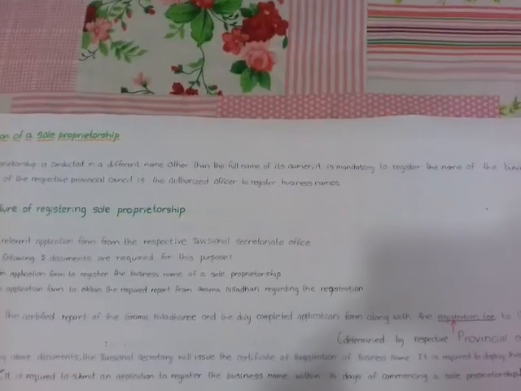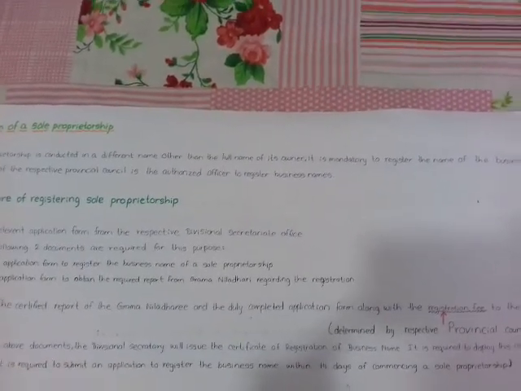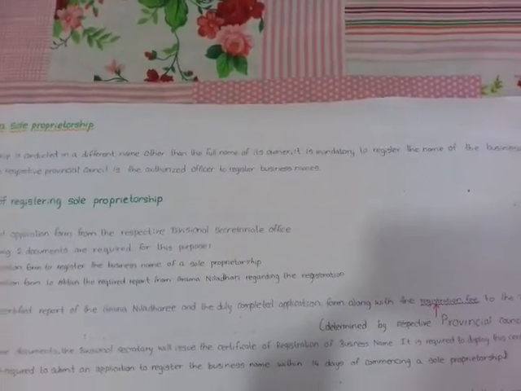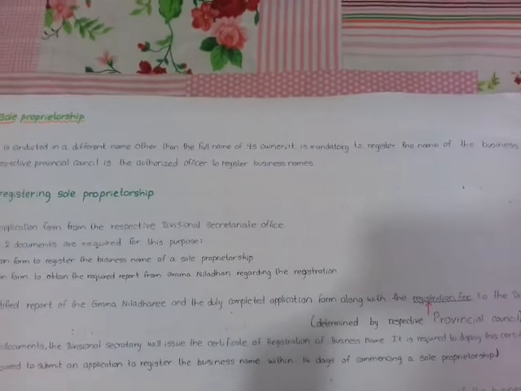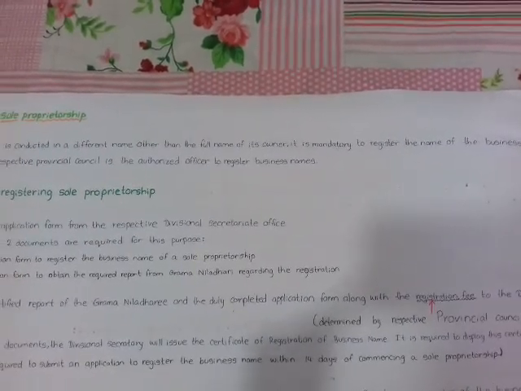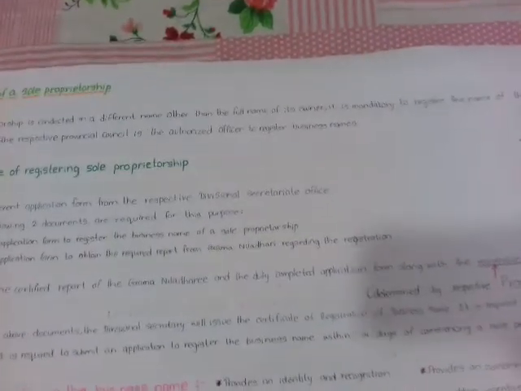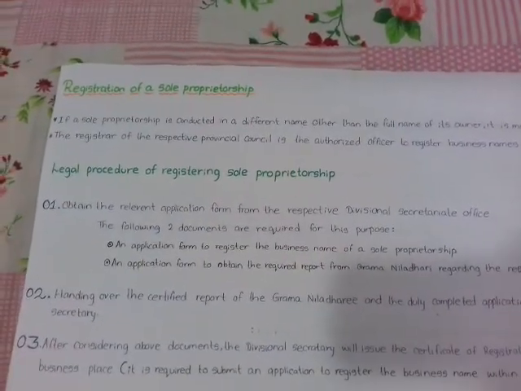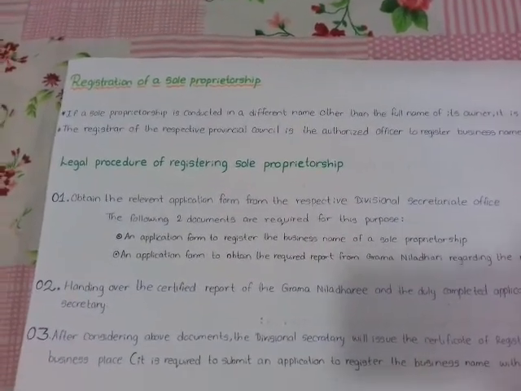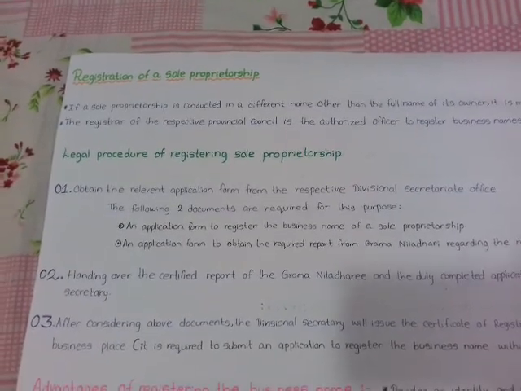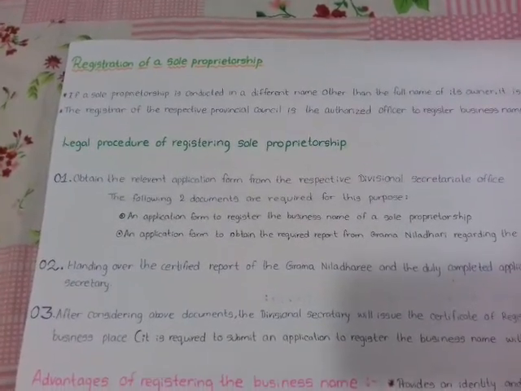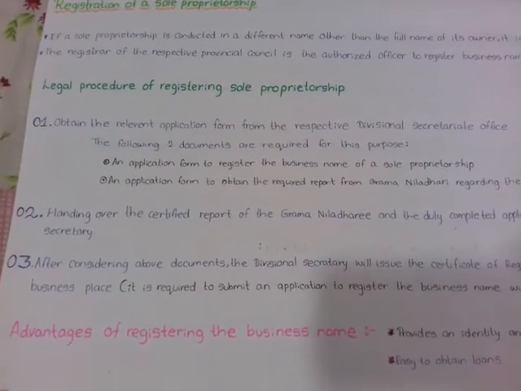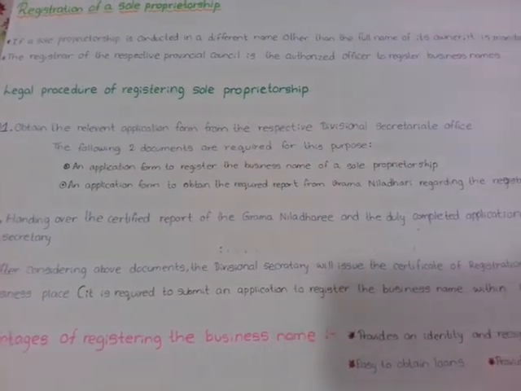And it states that it is required to submit an application to register the business name within 14 days of commencing a sole proprietorship. So now we know why we are registering the sole proprietorship and the legal procedure of registering sole proprietorship. And now let us discuss about the advantages of registering the business name.